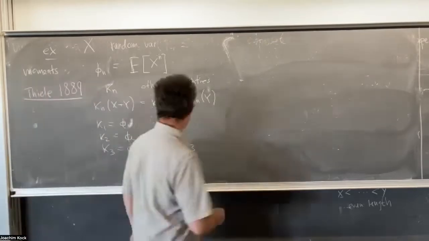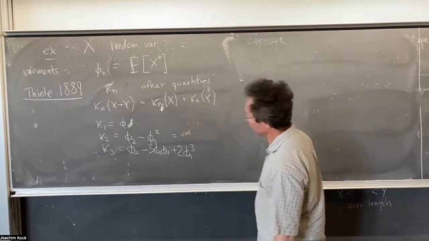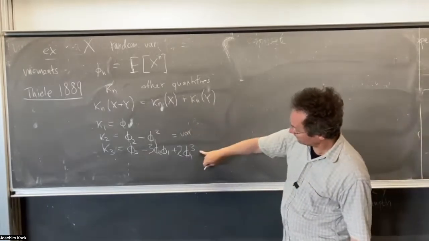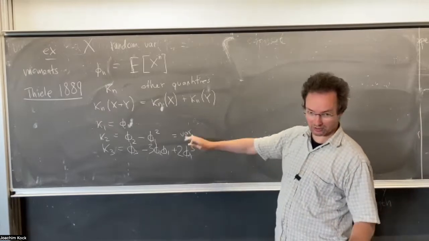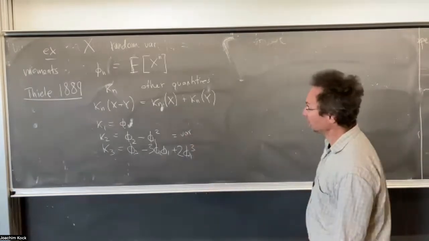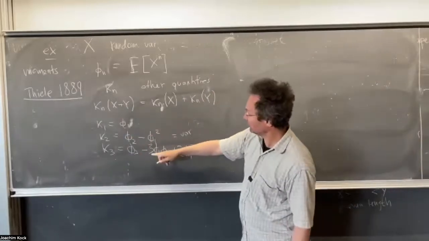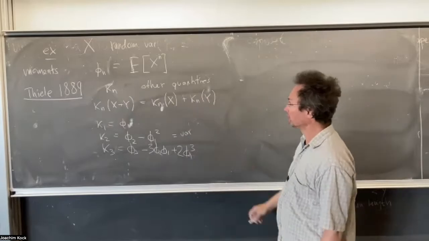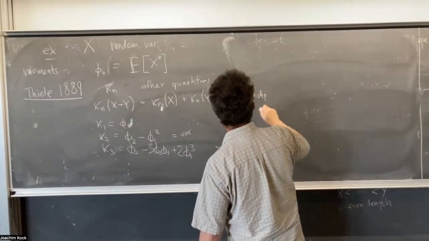And this is the variance, as you recognize. This is some kind of skewness, and the next one is some kind of kurtosis, and they have some interpretation. Okay, so that's very nice. They determine the same information as the moments, but they are additive for x, y independent.